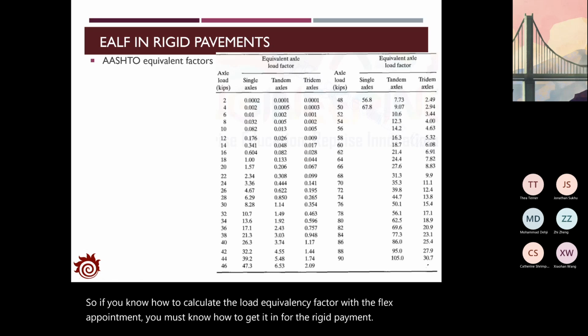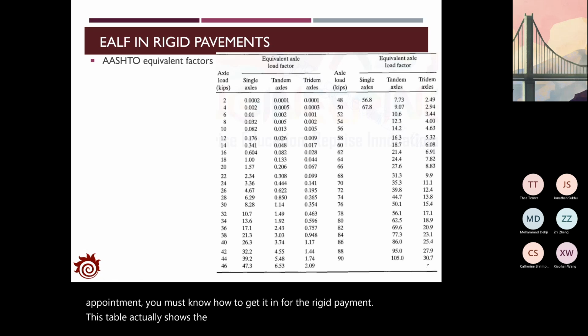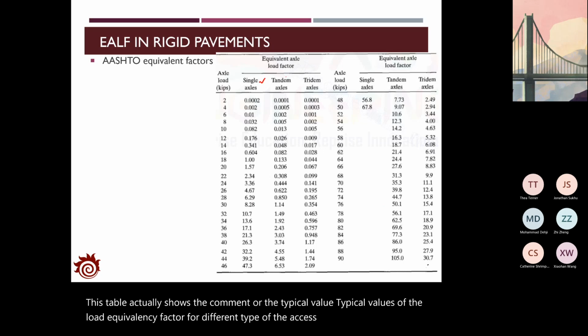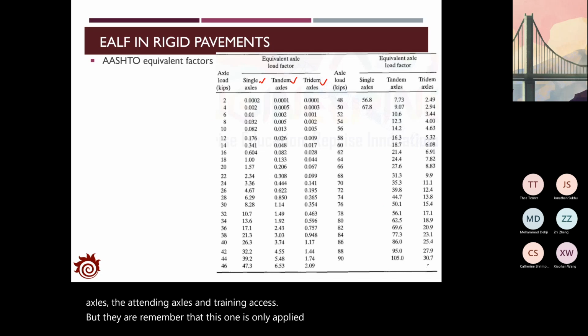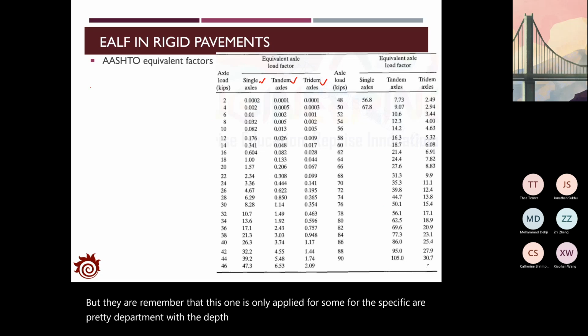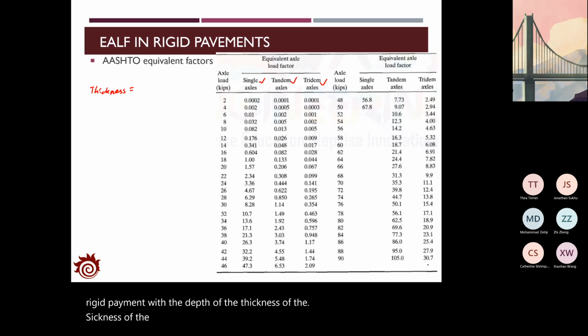This table shows the typical values of the load equivalency factor for different types of axles, including the single axles, the tandem axles, and trident axles. But remember that this one only applies to a specific rigid pavement with a PCC slab thickness of 9 inches and a terminal serviceability of 2.5.